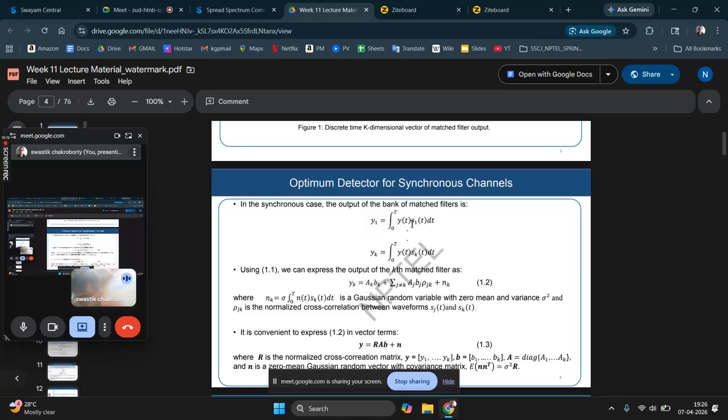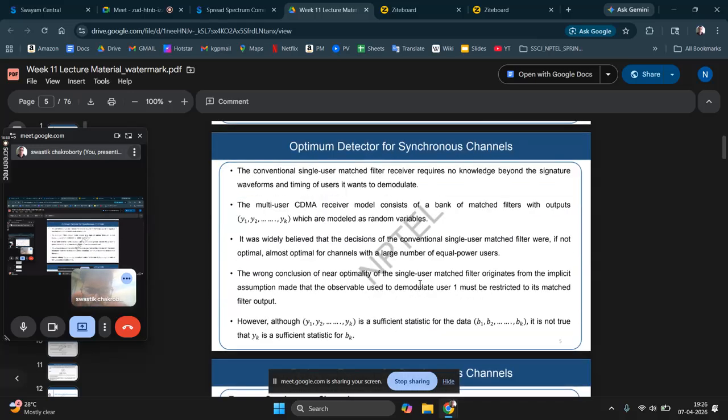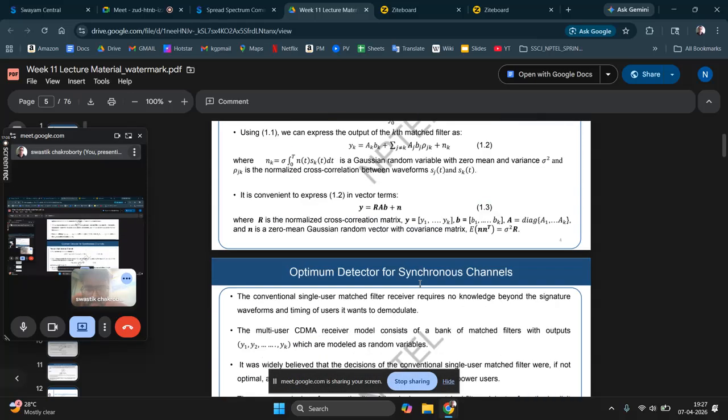Each user has its original waveform that will be correlated with the received signal.